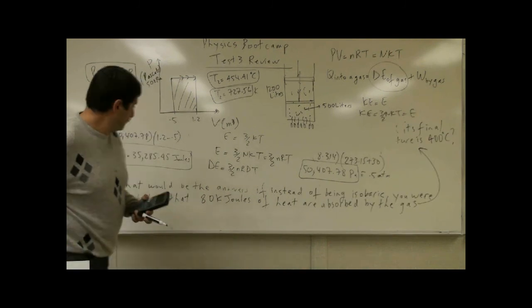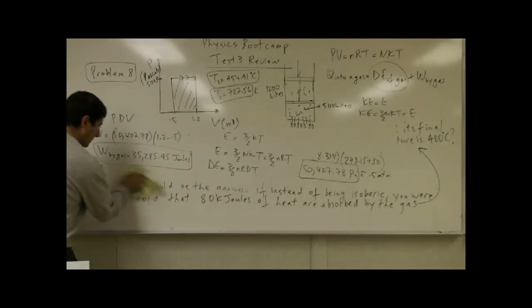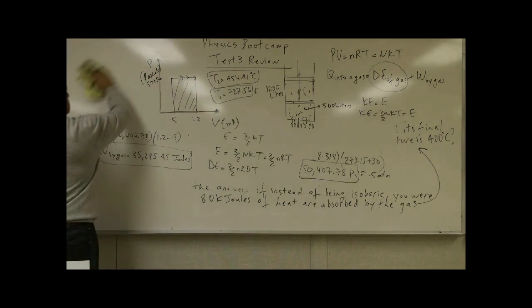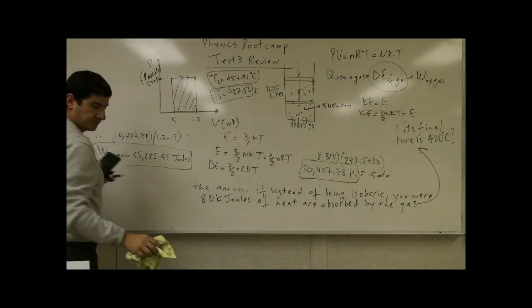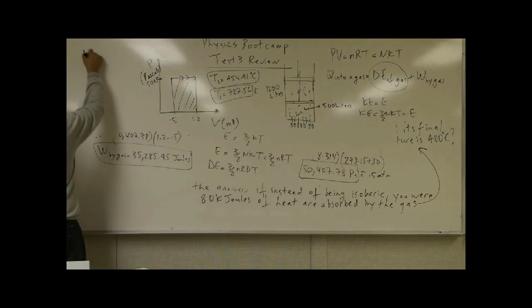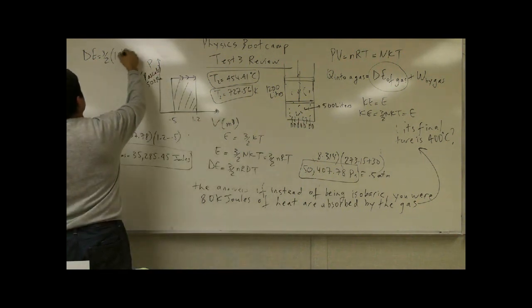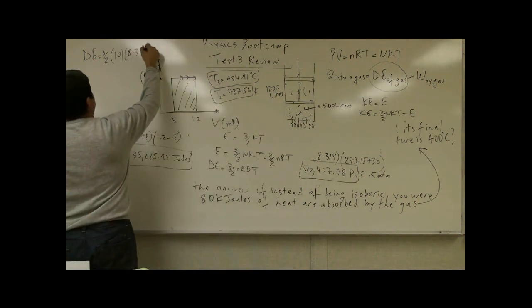So I'm going to do delta E is equal to 3/2 the number of moles, which is 1.5, times 8.314.